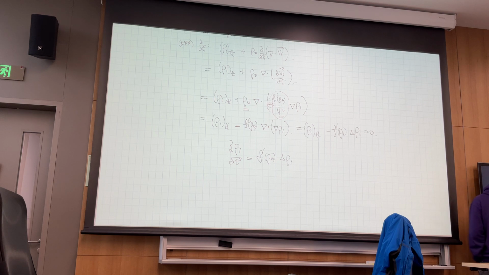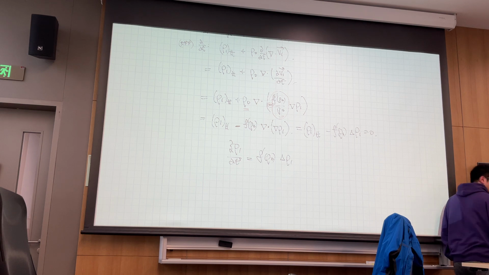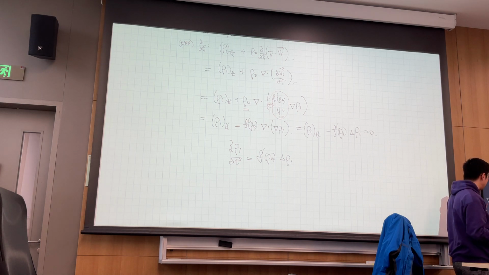So let's say my v is v1, v2, and v3, according to this one.